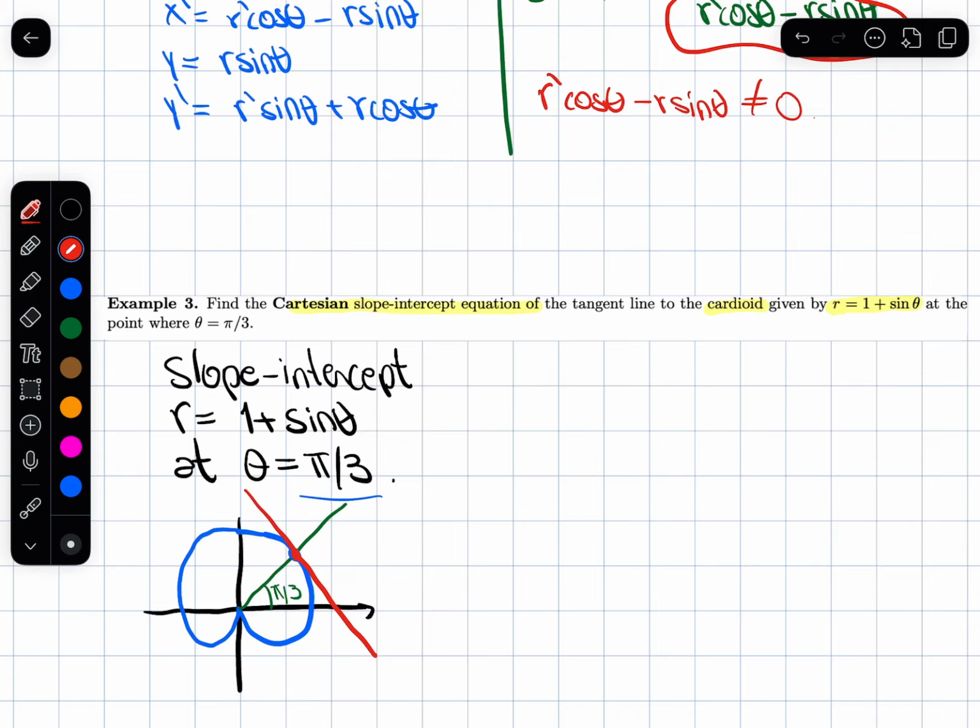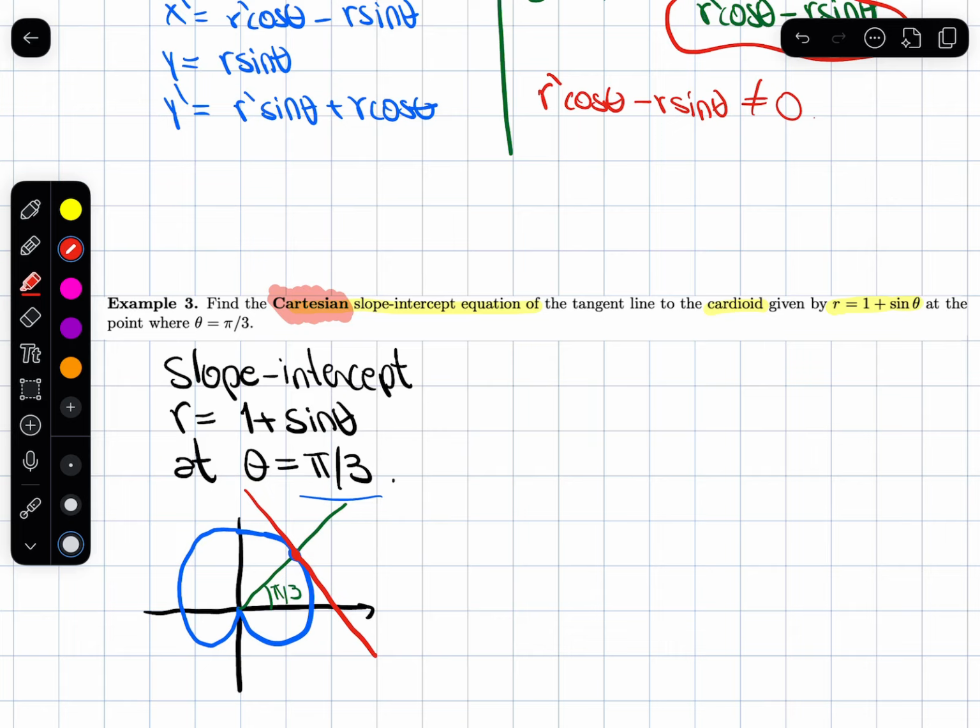And so I'm going to be using the formula we just came up with to find out the tangent line equation. Now, here's one thing that I think those problems don't emphasize enough. We're talking about a Cartesian equation. So most of the time, your problems are not going to be as obvious and spell out that you're talking about the Cartesian equation. We're talking about equations in x and y.